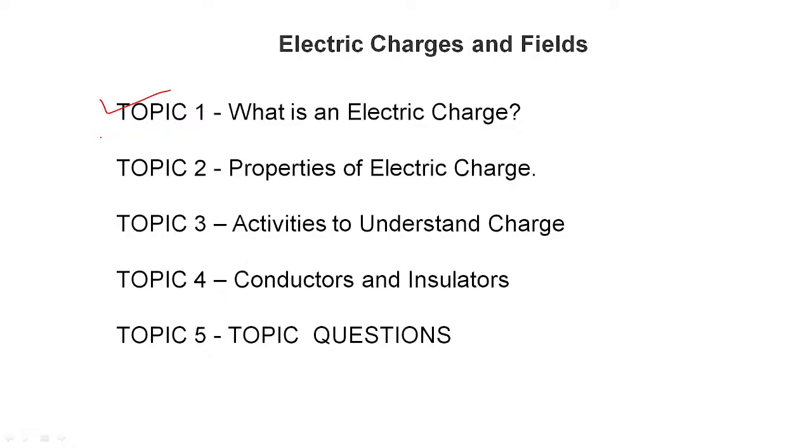Negative charge means that it has more electrons than protons. When there is an identical number of positive and negative charges, they cancel out each other and the object would become neutral, right?